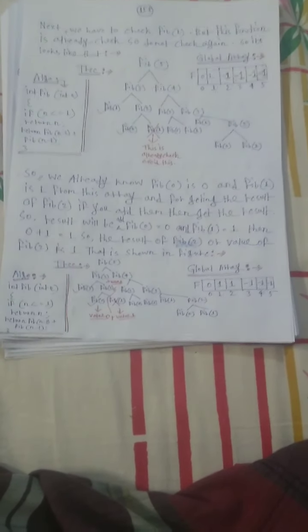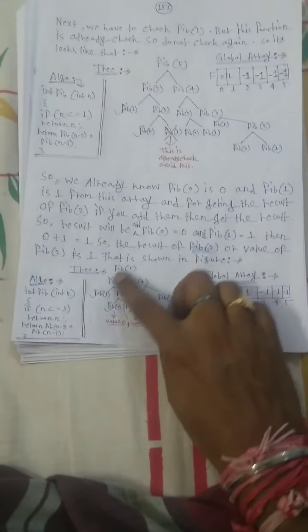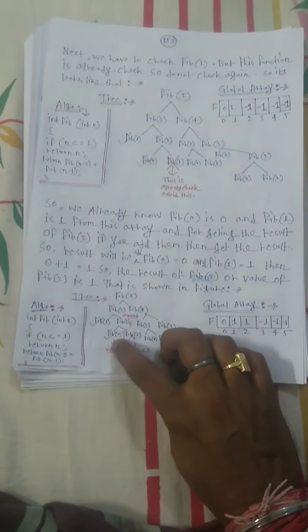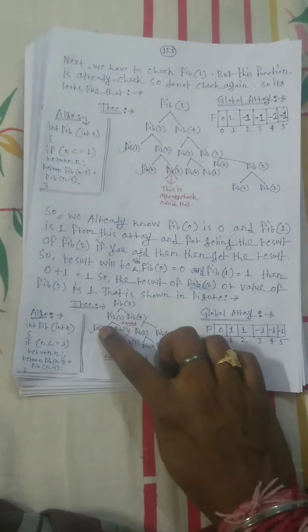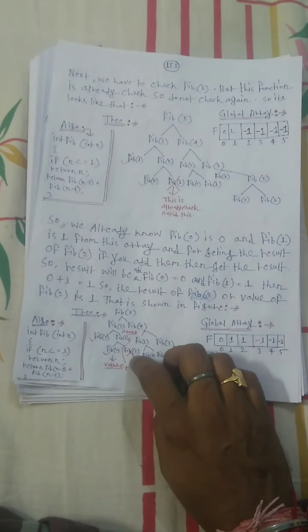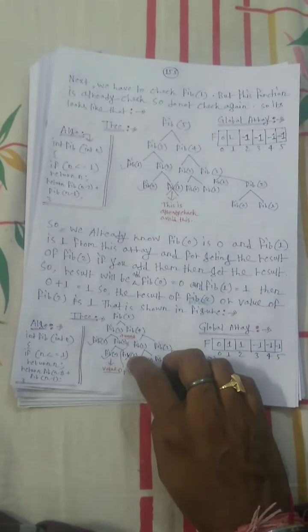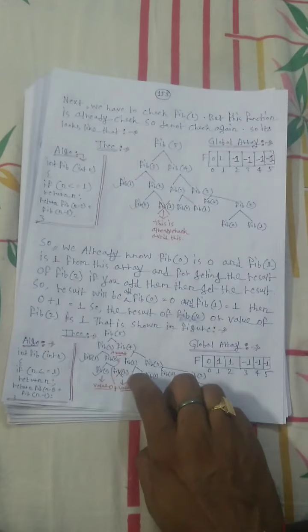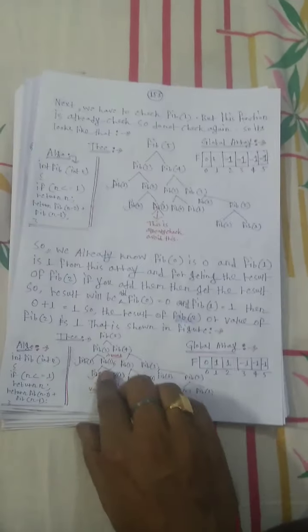So the value of fib 2 is 1, as shown in the figure. Fib 1 was already done, so it is not counted again, and its value we know is 1. So the fib 2 value becomes fib 0 plus fib 1, as shown in the figure.